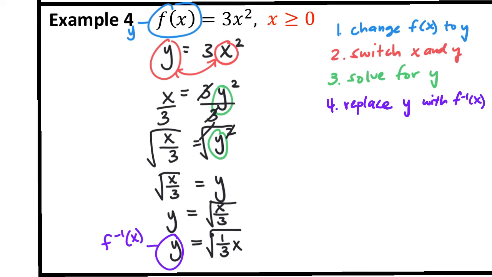So I'm going to do that over here. I'm going to put f inverse of x equals the square root of 1 divided by 3x. Okay, so for this one, this is my answer.